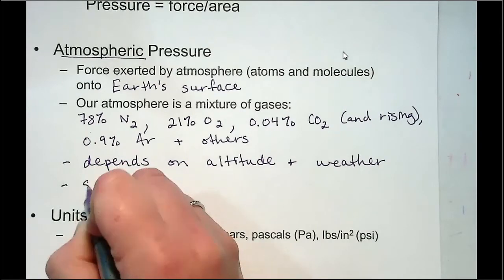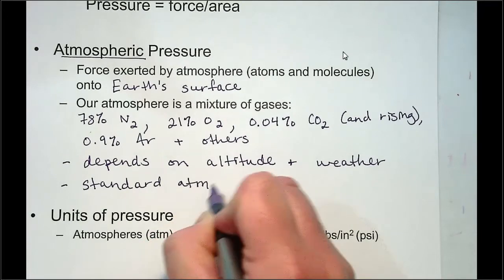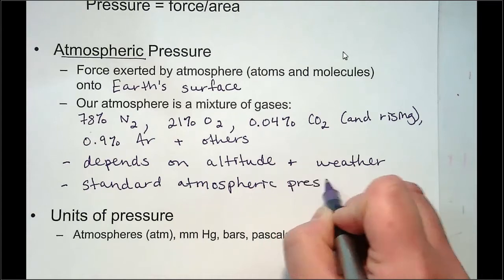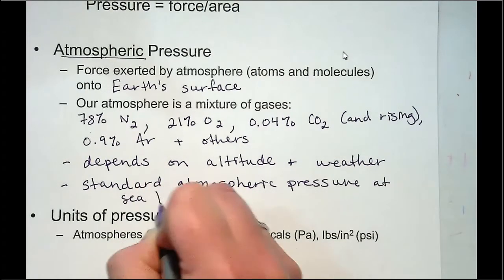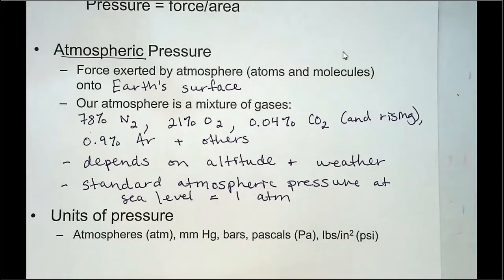So the standard atmospheric pressure at sea level is defined as 1 atmosphere, which makes sense. Okay? So the further you get from sea level, the lower your pressure gets. Lower you get, so going down into the ocean, the higher your pressure gets.